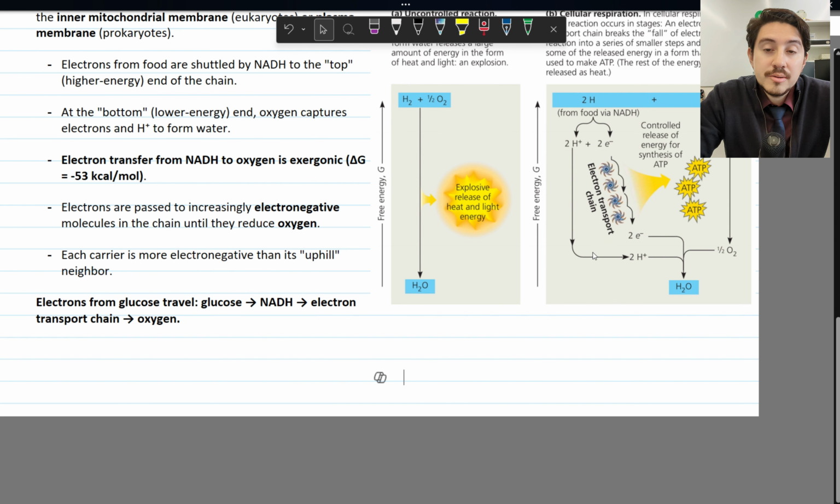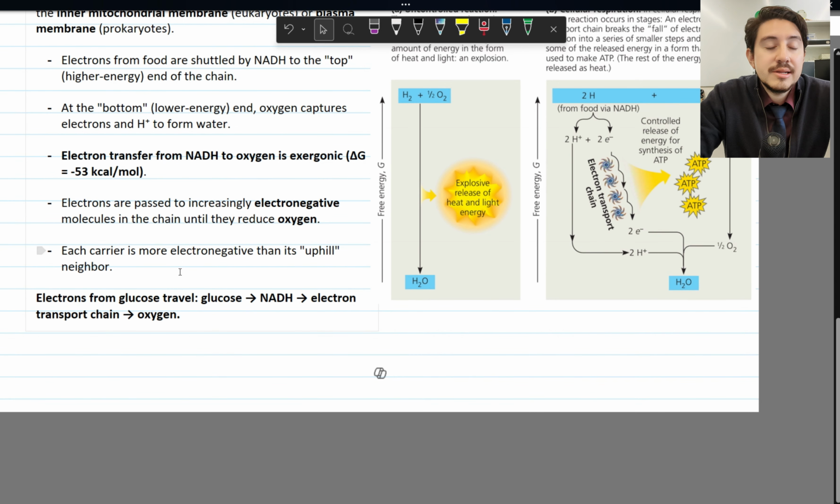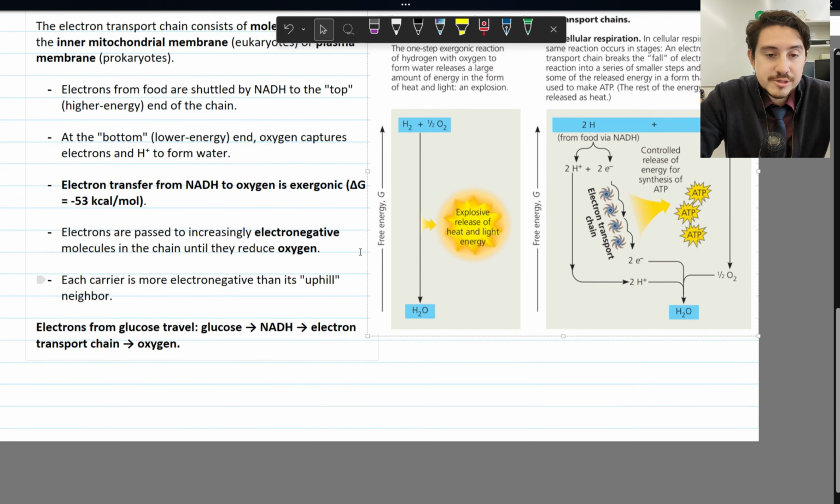Each time you're passing down these electrons, you have a source of energy to produce ATP. Okay, and this has to do with hydrogen pumping throughout the membrane, which we're going to see a little bit later. Okay, so it's a more controlled way of extracting the energy from glucose. If you were to do this in one blow, hydrogen plus oxygen reacting together, that whole combustion would have an incredible release of energy, an explosive release of heat and light energy, an explosion.